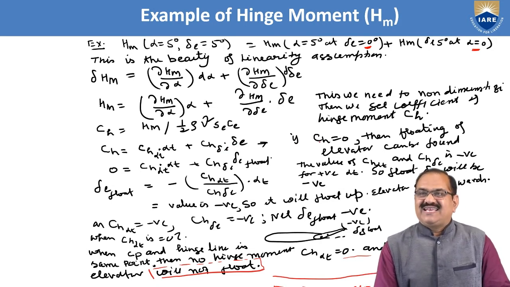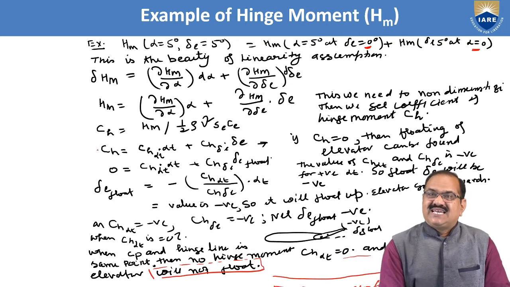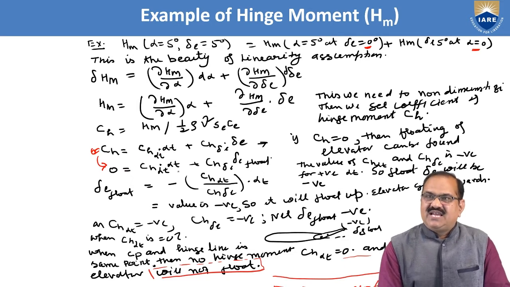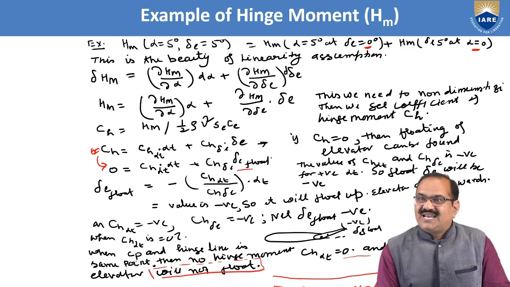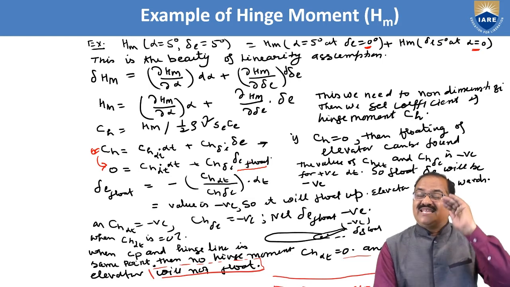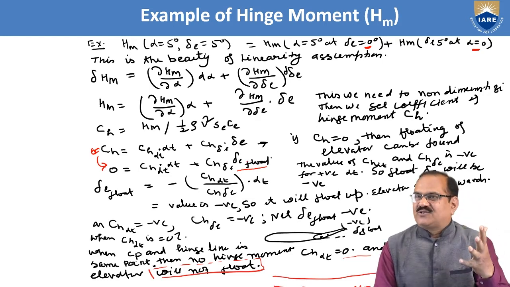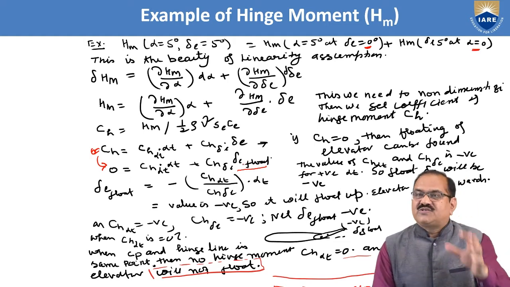Here we are taking CH equal to 0, then the floating of the elevator can be found. If we put CH equal to 0, then CH alpha T into alpha T plus CH delta E into delta E float, because this delta E will now float. Float means the pilot is not applying any force. It is just moving and it will remain there, but no force will be applied.